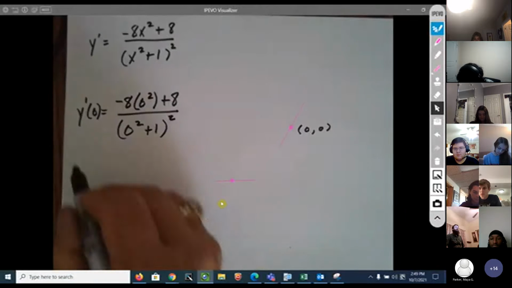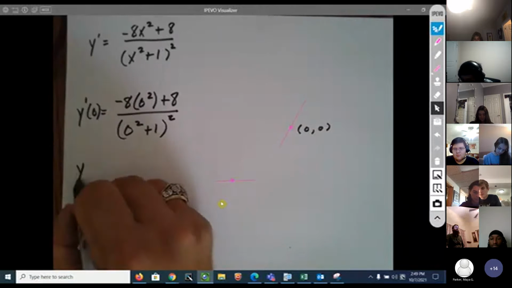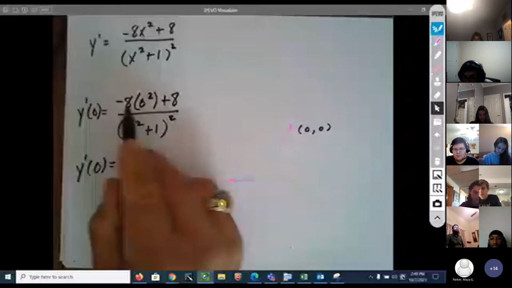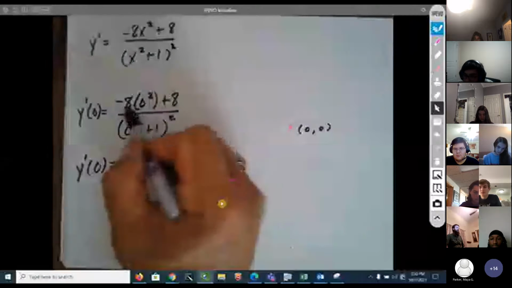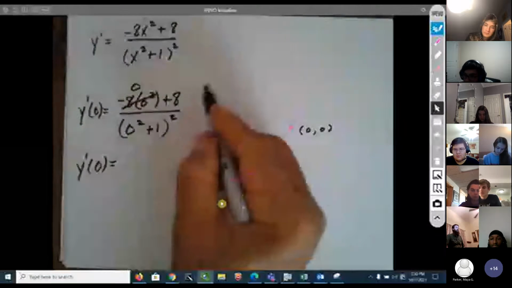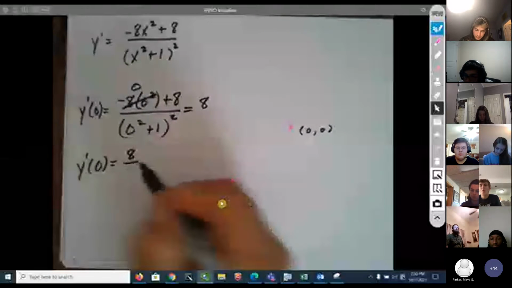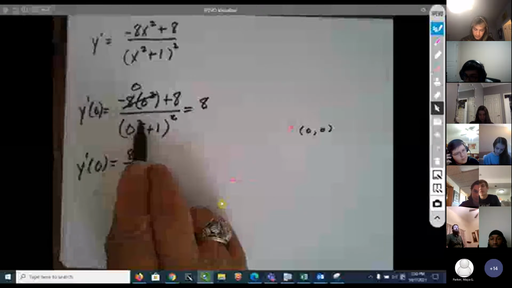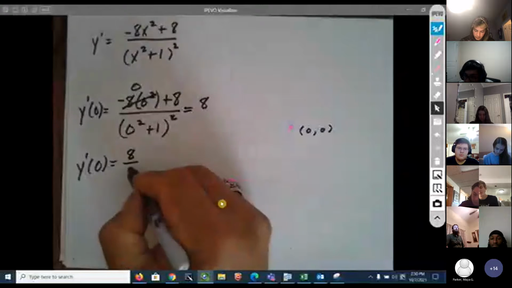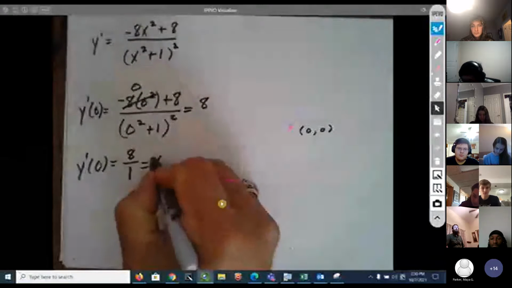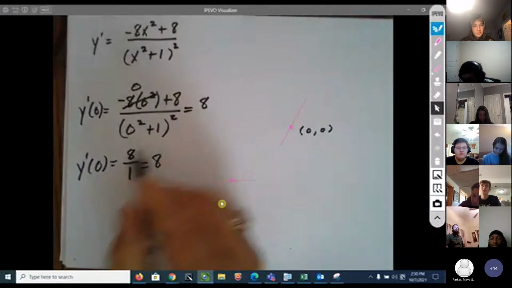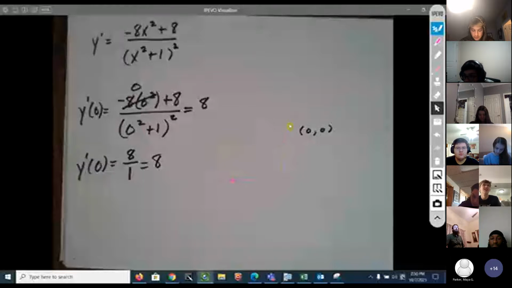And what does that give us? What's negative 8 times 0? 0 plus 8 is what? 8. 0 squared is 0 plus 1. 1 squared is 1. So the slope of this pink line is 8.